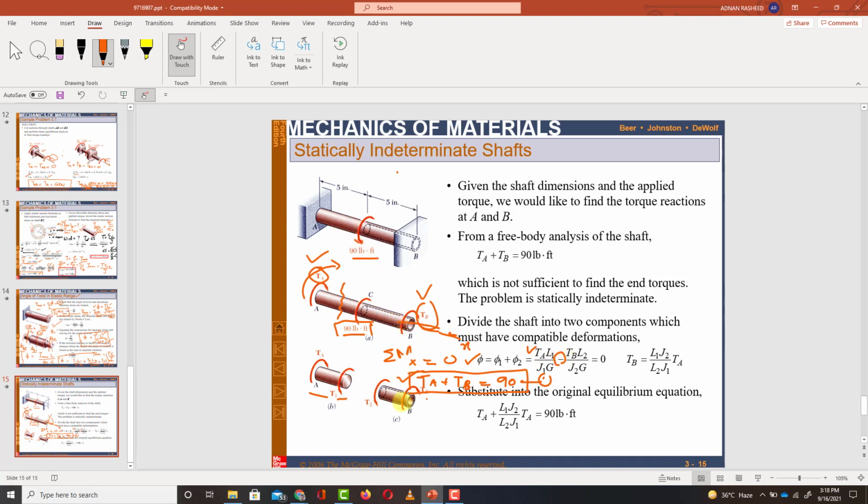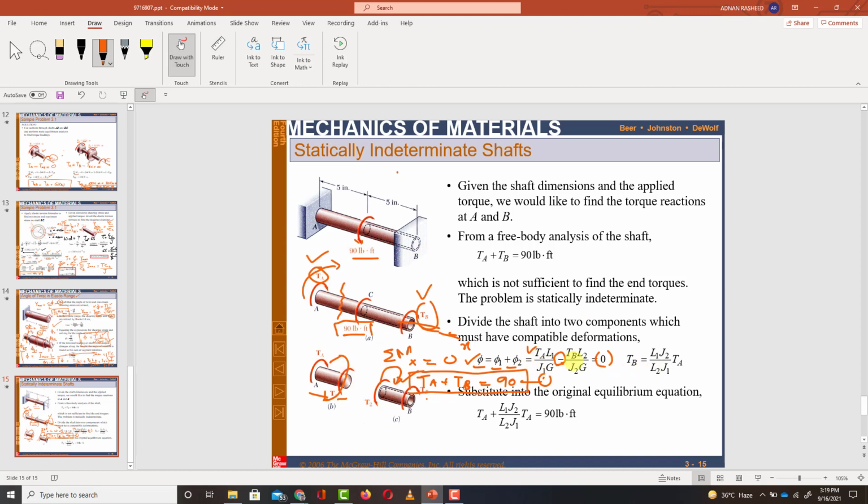Because if you see it, it is twisting like that, and the other is opposite to that. The total twisting is the sum of two, but one is in one direction, another is in the second direction. That is why this is minus. Their sum should be equal to 0, because the total angle of twist should be 0, as it is cancelling the effect.